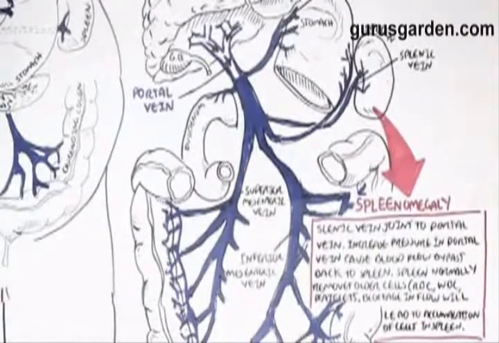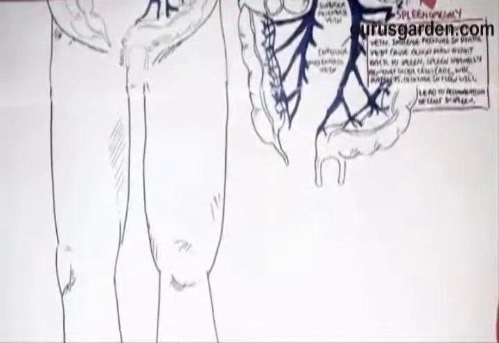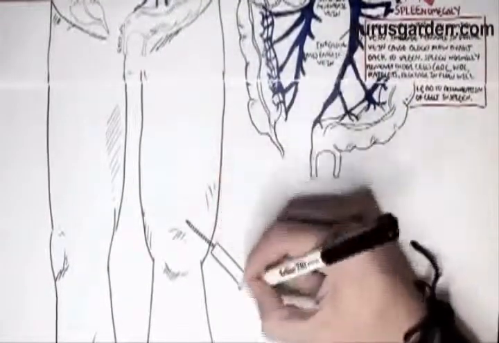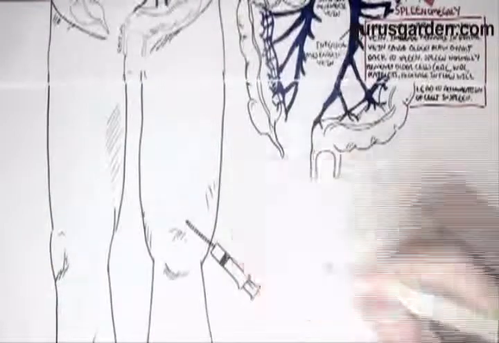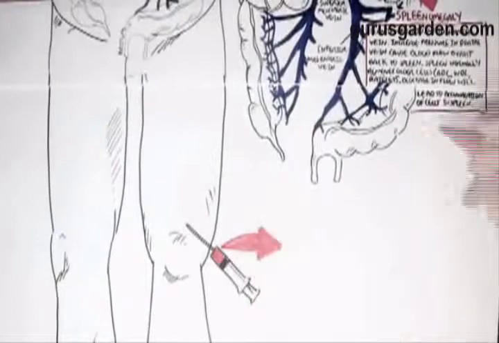This will cause blood to flow backwards, causing a buildup of pressure elsewhere, and then fluid will leak out into the abdominal cavity. This will cause the stomach to look very big, something like edema of the stomach. And this is very dangerous, as infections can easily occur in people with ascites.